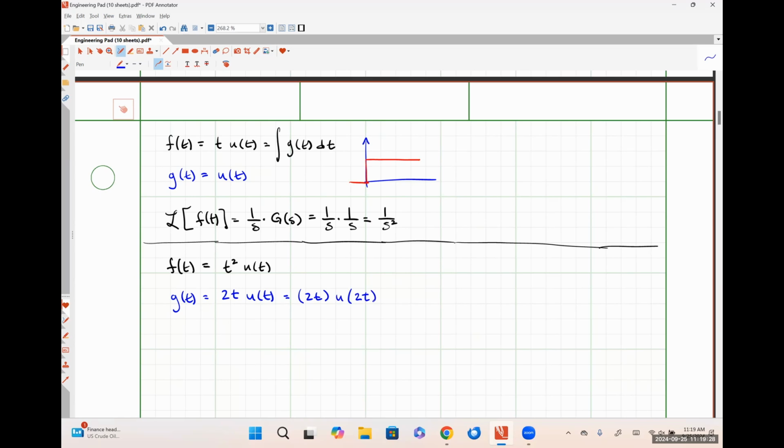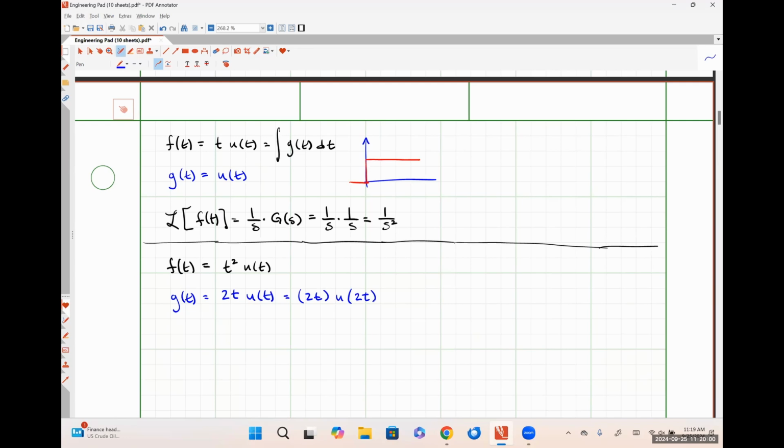What would happen if I scaled time for a unit step function? We have a time scaling property, effectively saying I'm stretching out the time axis. Does that impact a unit step function in any way whatsoever? Not at all. A unit step function is one from 0 to infinity. It doesn't matter if I increase my scale on the time range or compress it. It's still just going to be one forever, right?